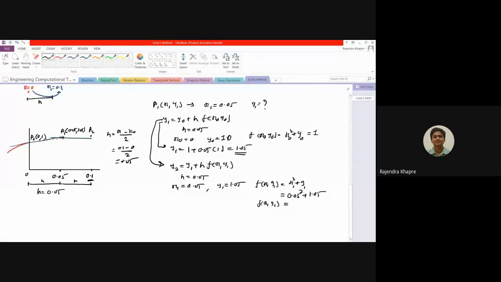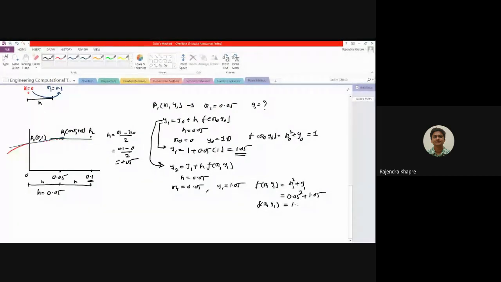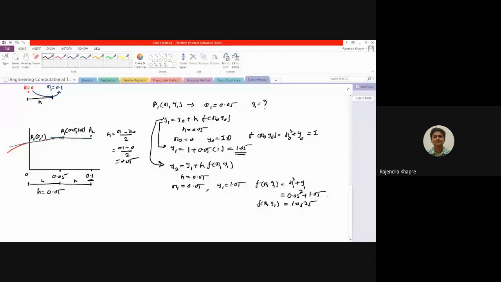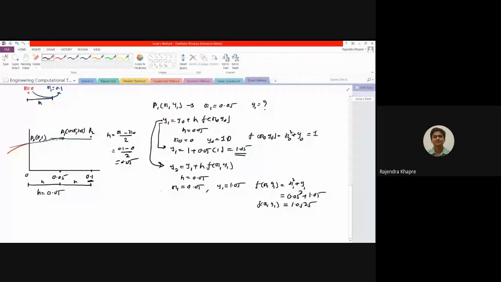1.0525. So as a result of this, the value of y2 will become y1, which is 1.05, plus h, which is 0.05, into 1.0525.